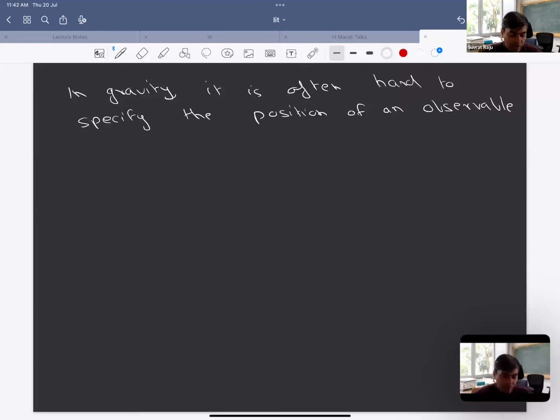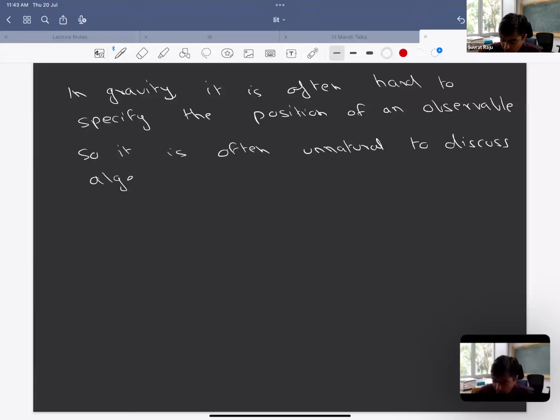But in a theory of gravity, it's often not possible, or not natural, or depends on conventions, to specify what one means by the algebra associated with the region R. So it is often unnatural to discuss algebras corresponding to local bulk regions.